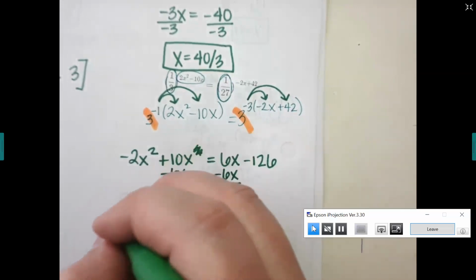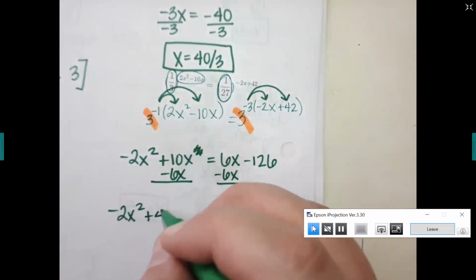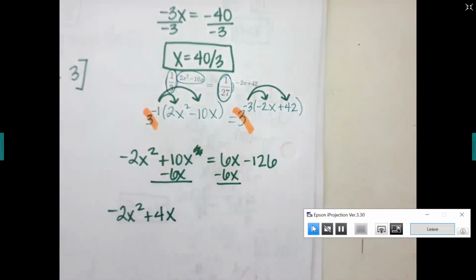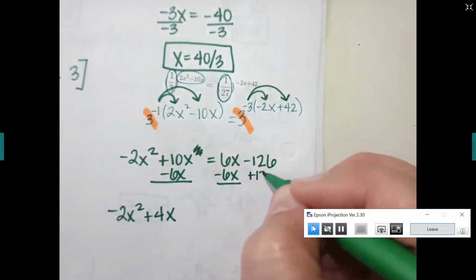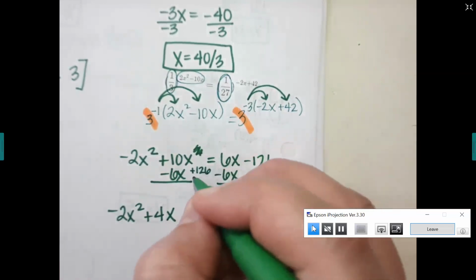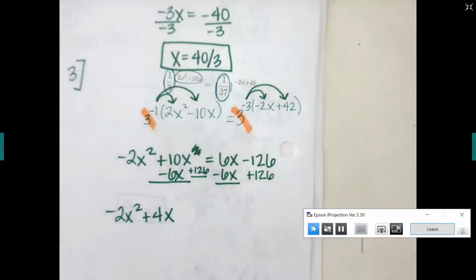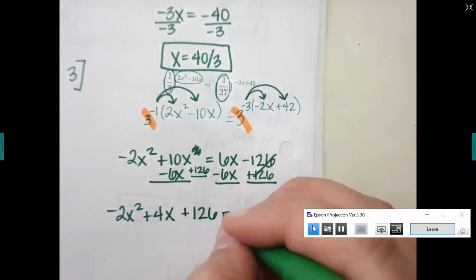So now I have negative 2x squared. 10x minus 6x is 4x left over. And then my minus 126, I'm gonna have to add that across. But I'm just gonna kind of put it at the back because I can't actually combine the 126 with the 10 or the 2, right? Because it's a number by itself. Okay, so we have plus 126 equals 0.